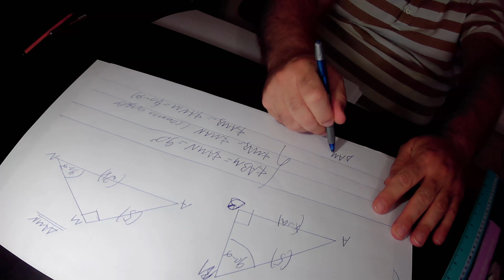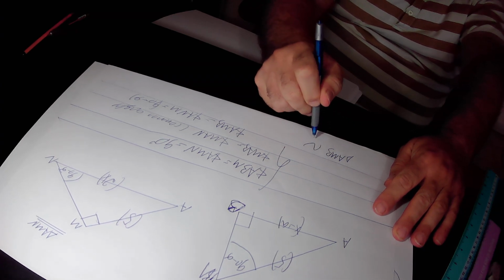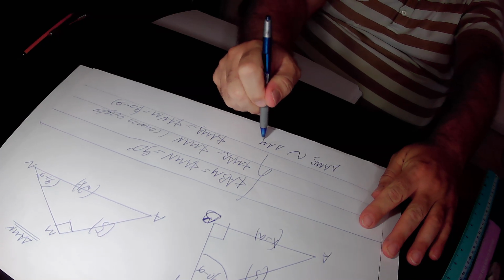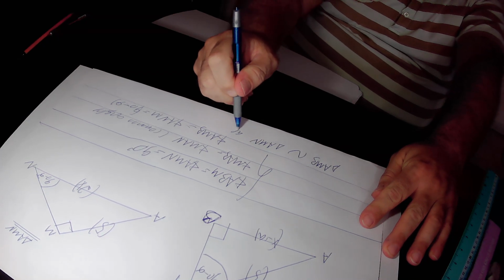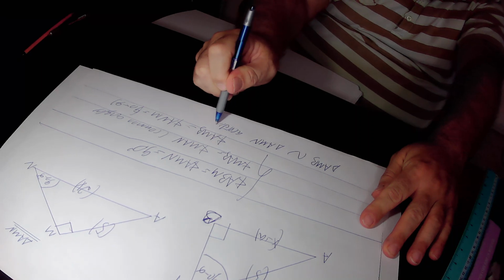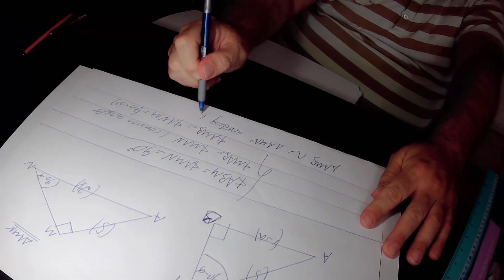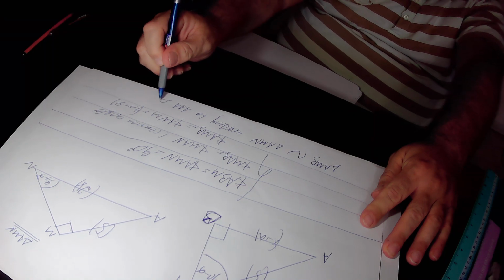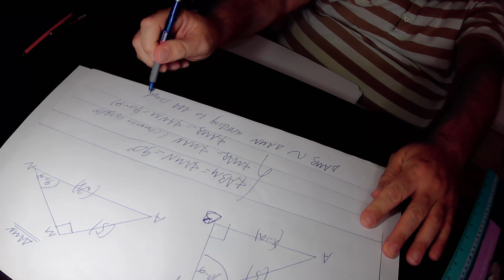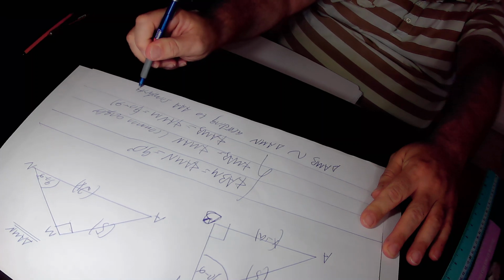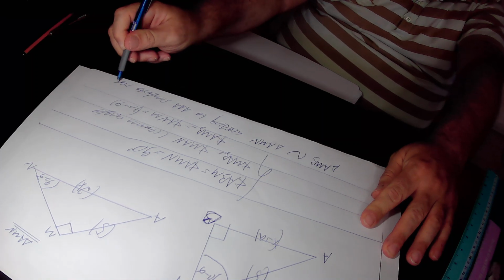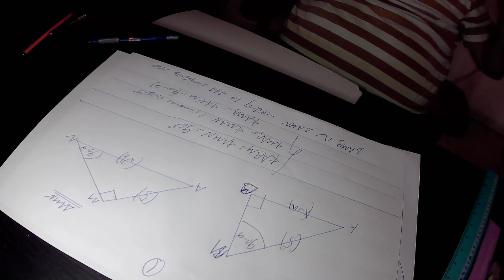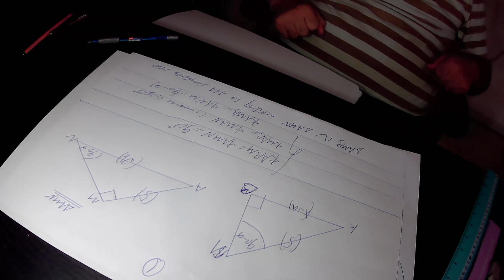Triangle AMB is similar, this is the sign of similar, to the right triangle AMN according to angle similarity rule. And for the fact that those two right triangles are similar to each other, we will derive that the following relationship exists between their sides.